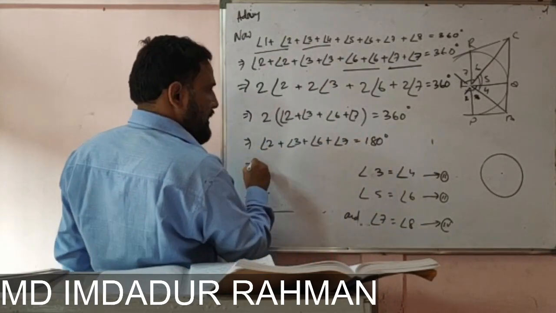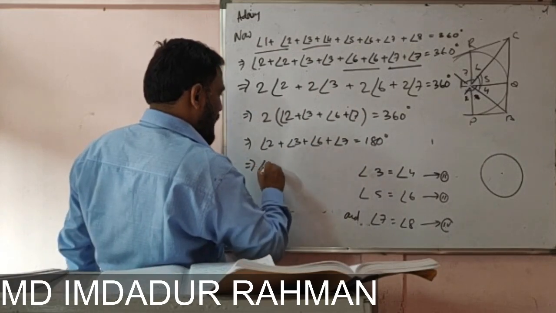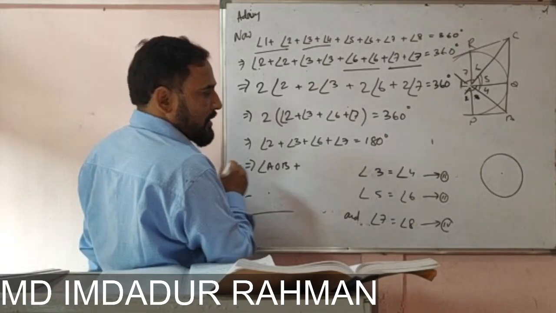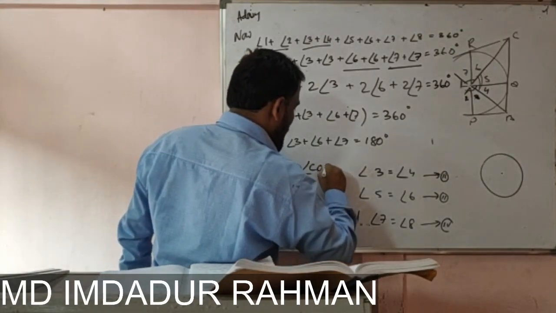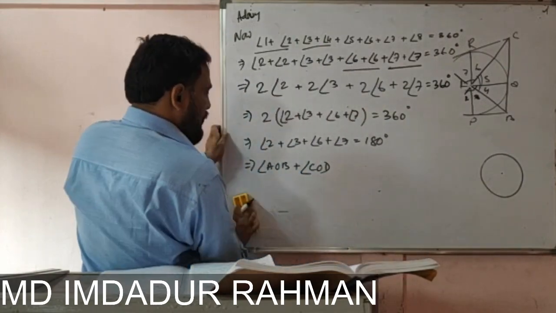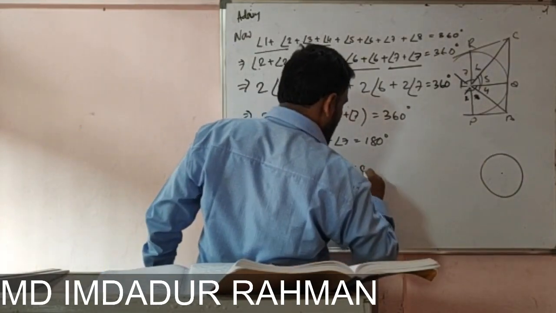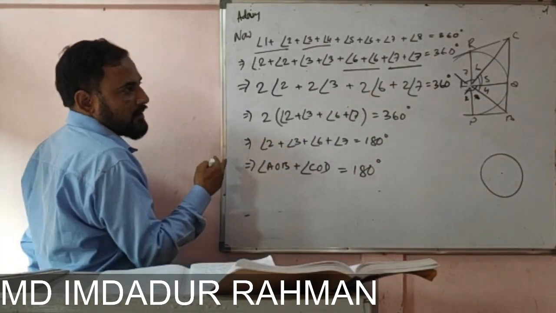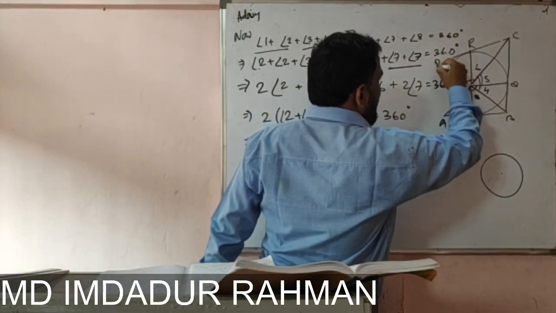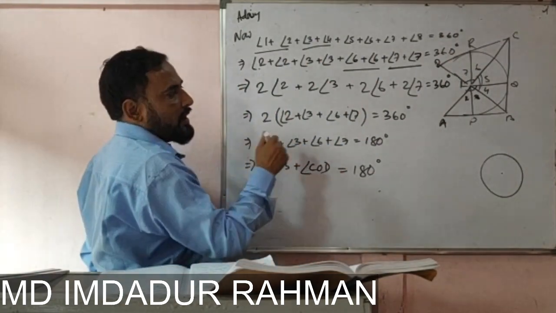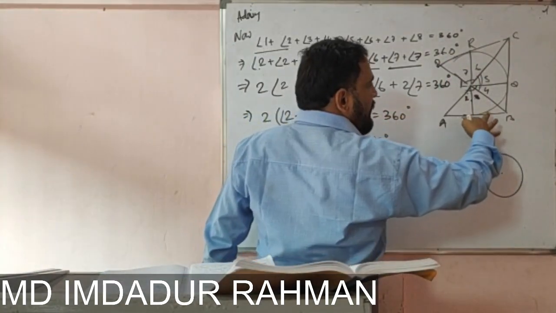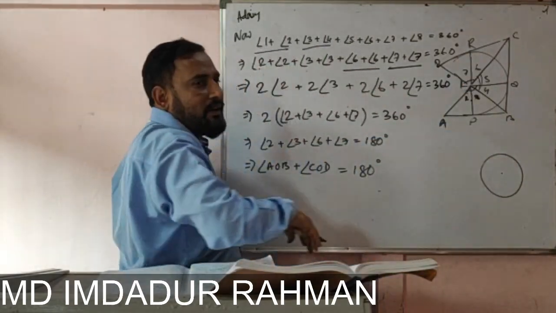2 plus 3 is equal to angle AOB plus 6 plus 7 is equal to angle COD. So it is equal to what? 180 degrees. That means here it was AOB and here it was COD. So AOB and COD are the angles made from the opposite sides of the quadrilateral ABCD.